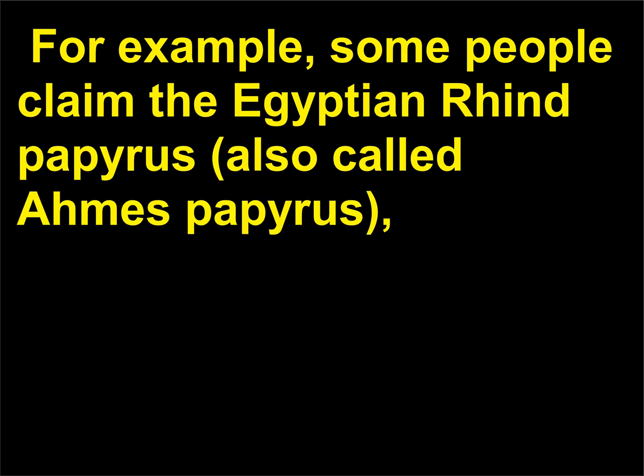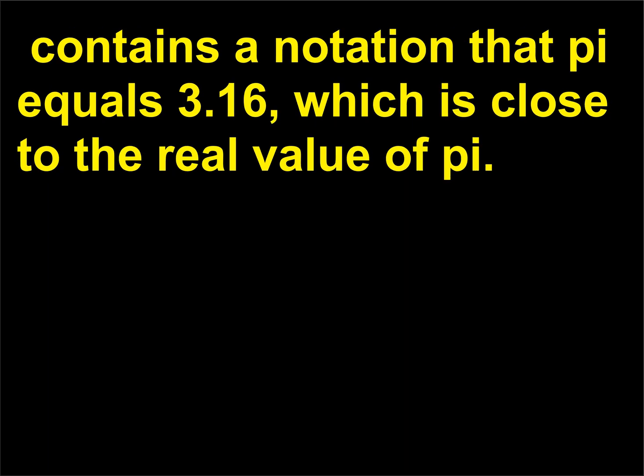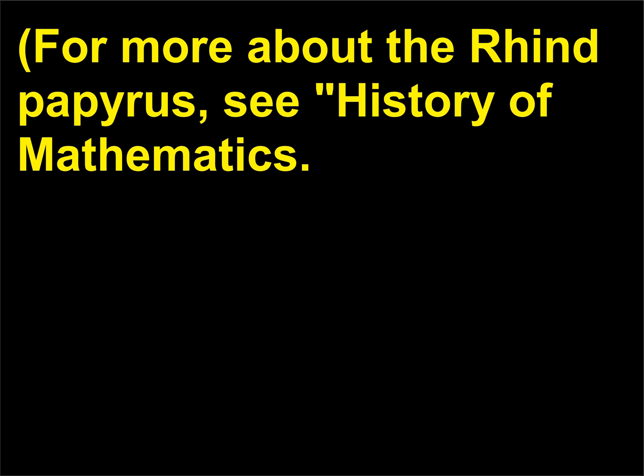For example, some people claim the Egyptian Rhind papyrus, also called Ahmes papyrus, which was transcribed about 1650 BCE by Ahmes, an Egyptian scribe who claimed he was copying a 200-year-old document, contains a notation that pi equals 3.16, which is close to the real value of pi. For more about the Rhind papyrus, see History of Mathematics.